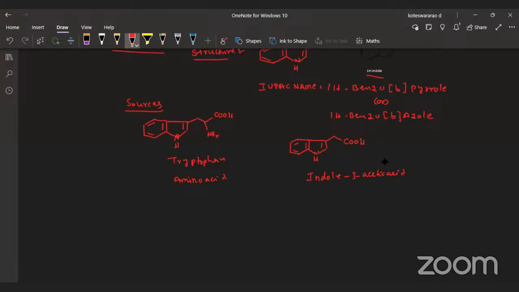Next, indigo. It is the dimer of the indole, simple indole. A double bond is there in between the two indole rings.